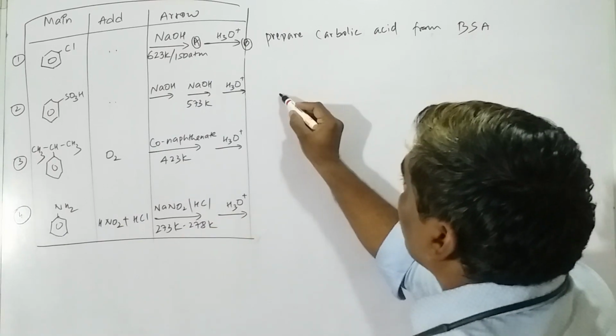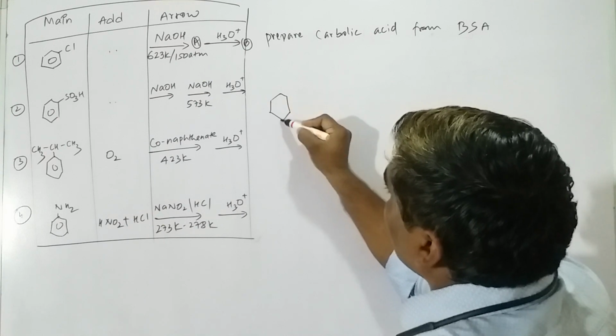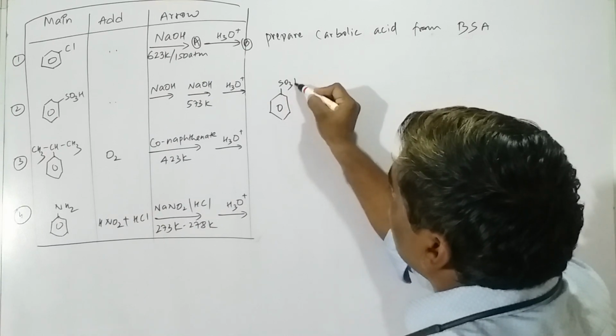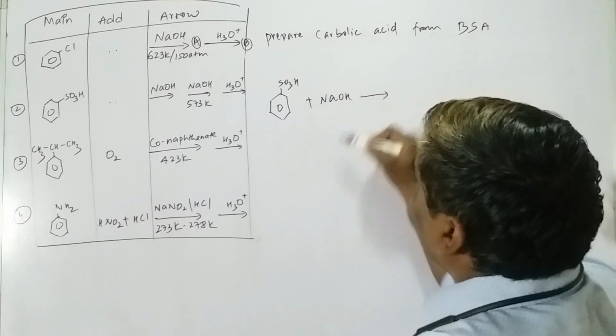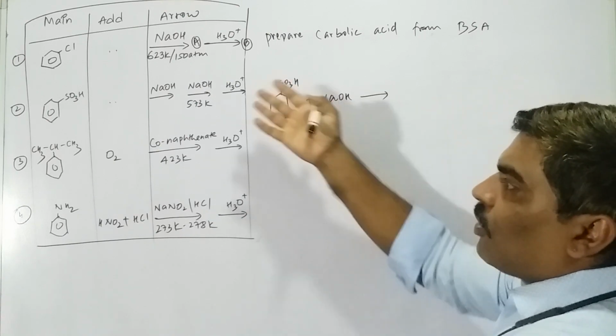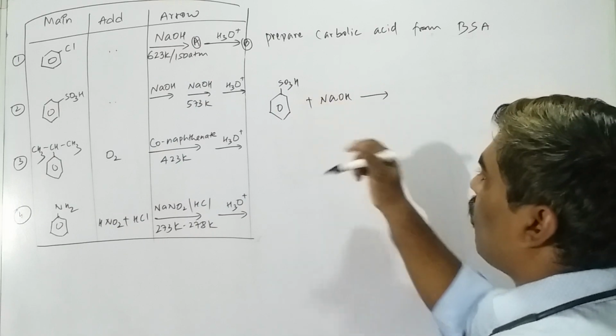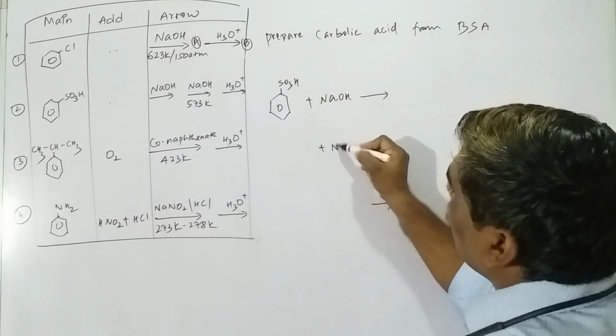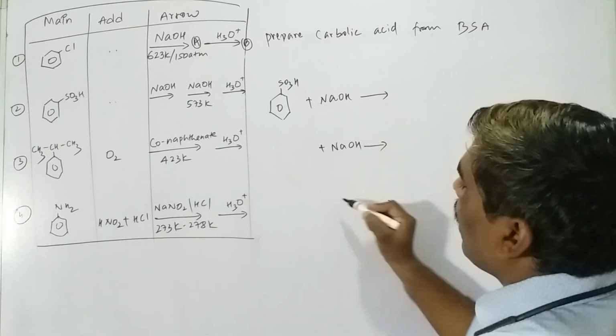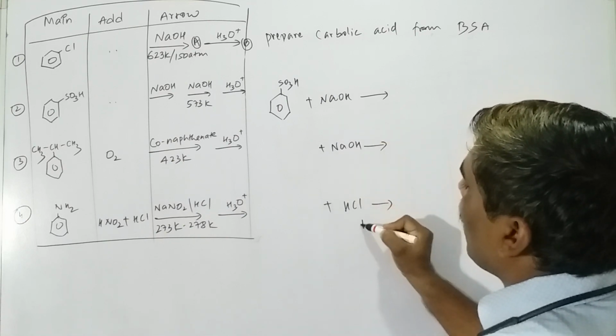So see this, the formula of benzene sulfonic acid is this. First you have to react with sodium hydroxide. With the help of this formula, I can write that 3 steps are there. Here again I have to react with sodium hydroxide. For acid hydrolysis, we can write dilute HCl.